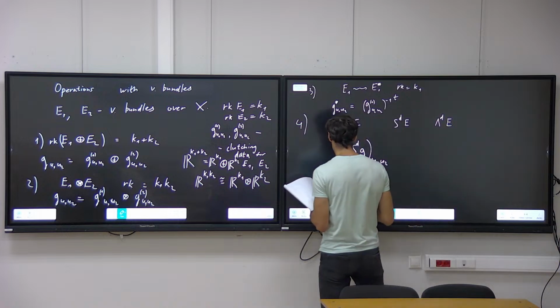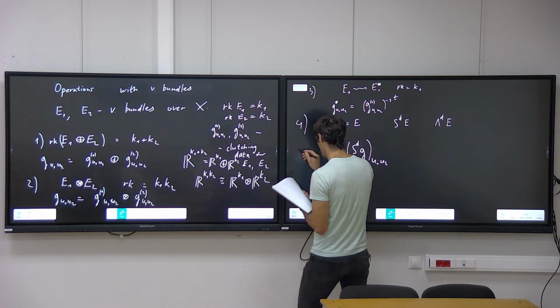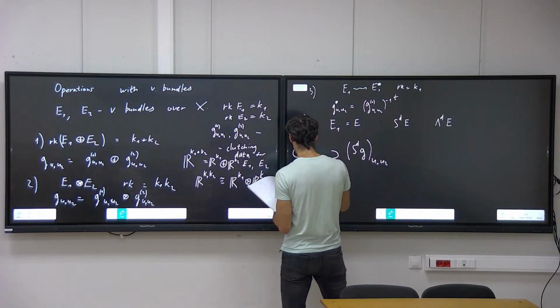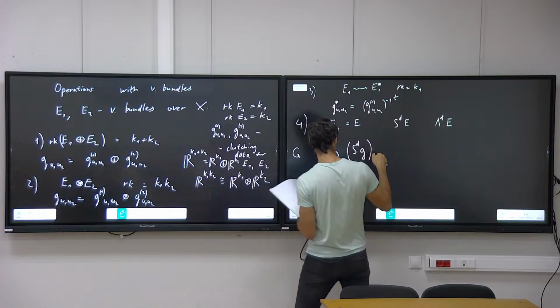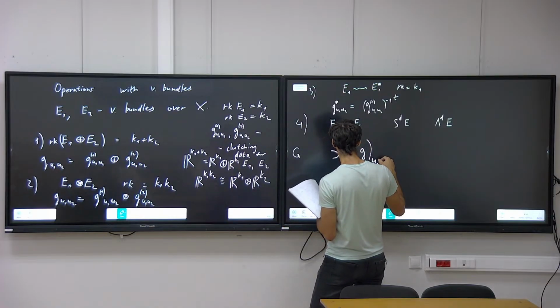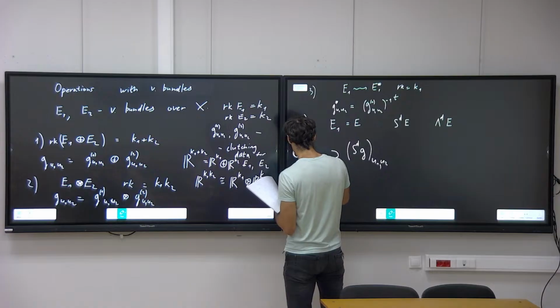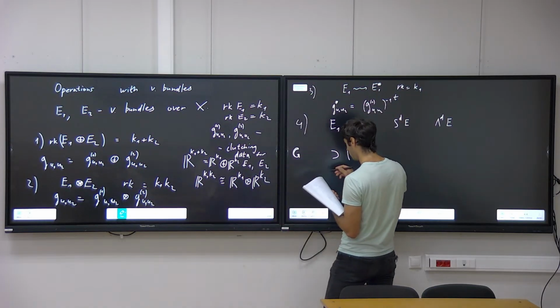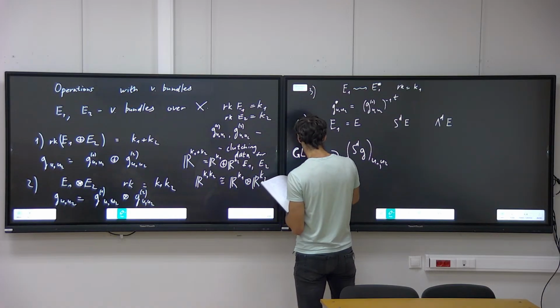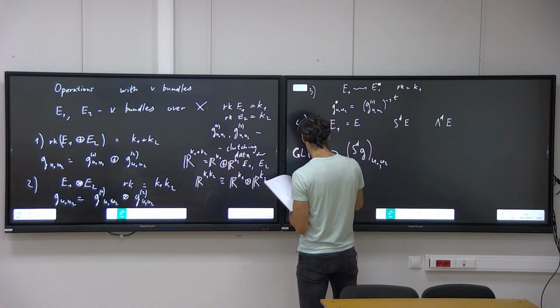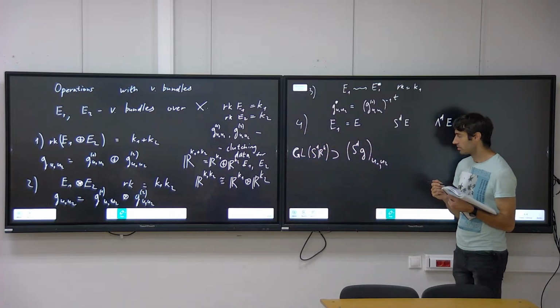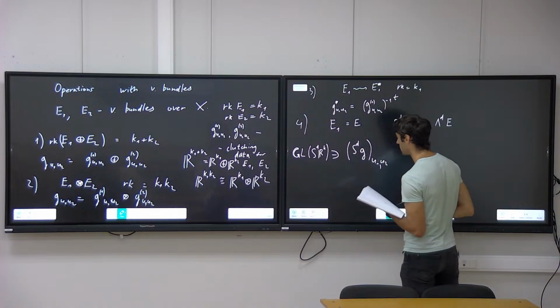So I just need to specify it. For a fixed point on the intersection of U1 and U2, this is an element from GL of S^D R^k.